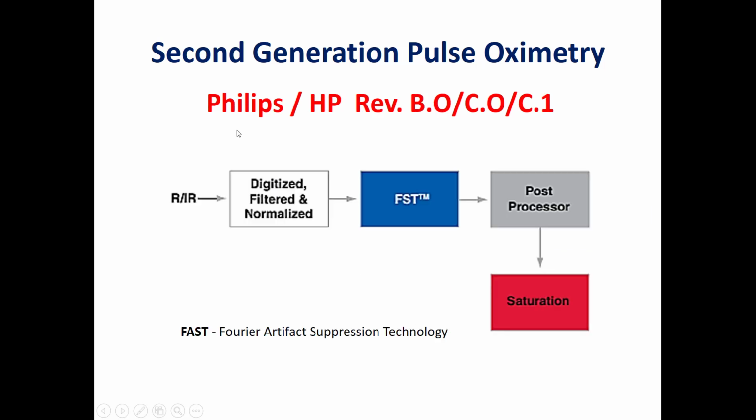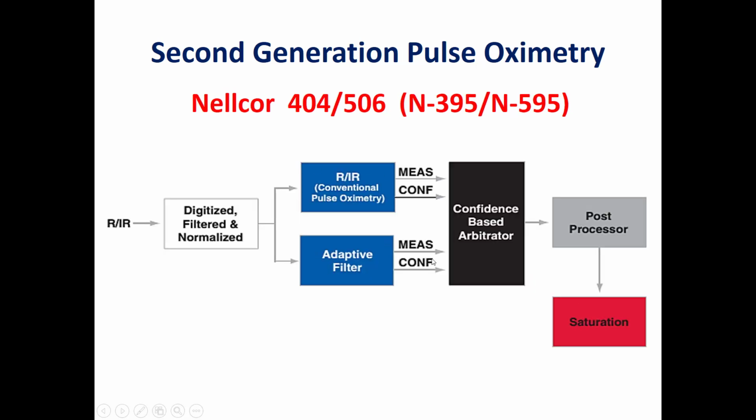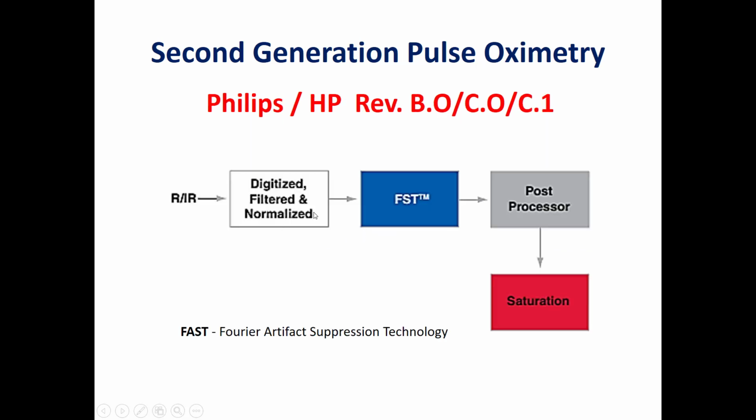Another manufacturer, Philips, solves the same problem, but not like this one using two readings with confidence, but rather directly through a digital filter. All these filters are digital signal filters. It's called FST, and they solve this problem.